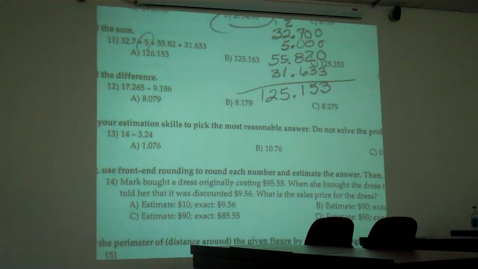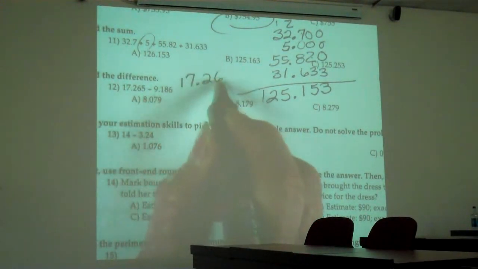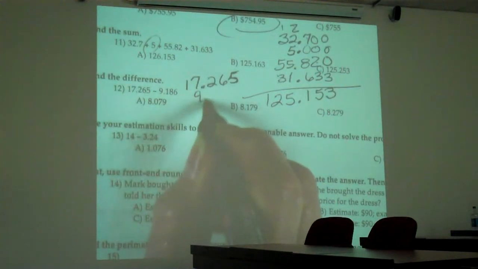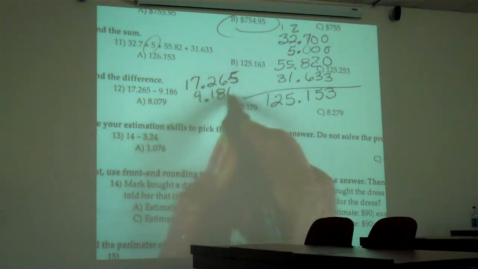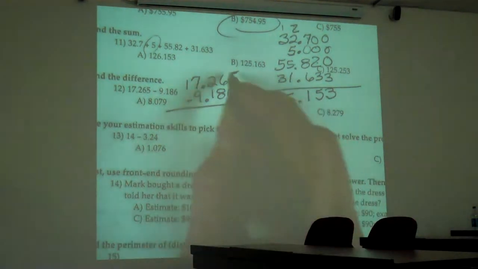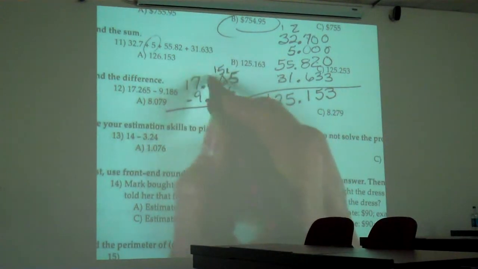on your review. Number 12, you're subtracting. What do you need to do to subtract? Same as add, line them up, right? Okay. And you have to borrow. You have to borrow again there.